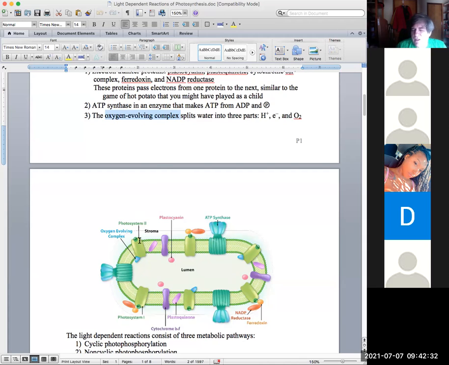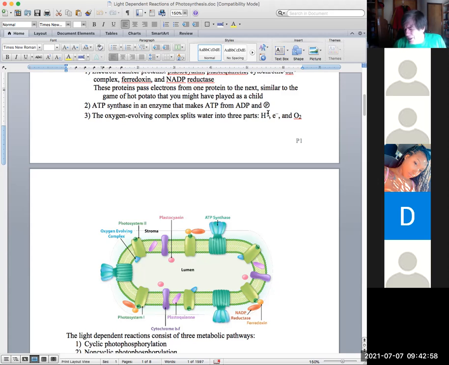So these would be examples of peripheral proteins. And the oxygen evolving complex takes water and splits water into three parts. It takes two water molecules and it combines the oxygens from those two waters to make O2, oxygen gas. So notice this is where the oxygen that gets made as a product is created, at this oxygen evolving complex.